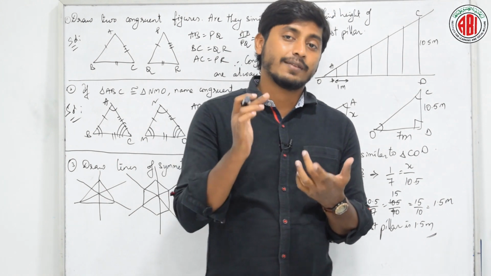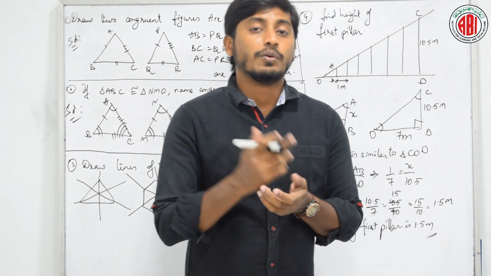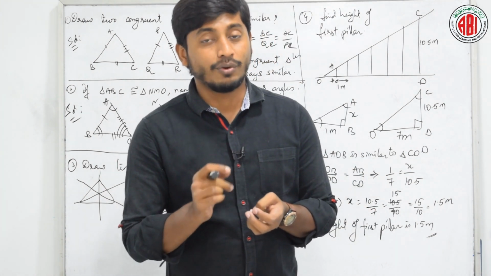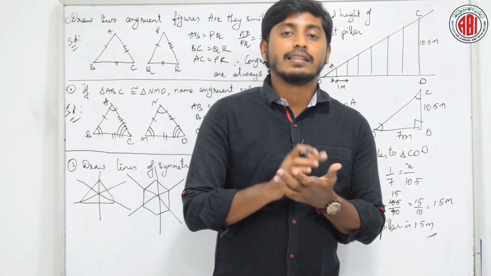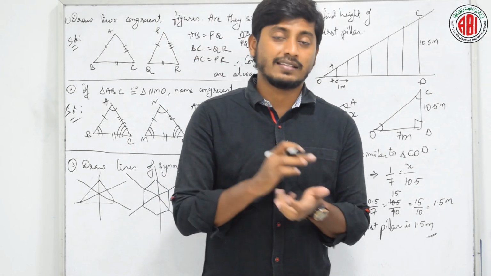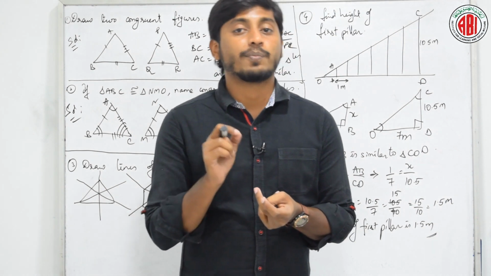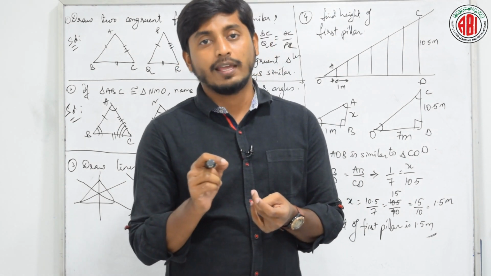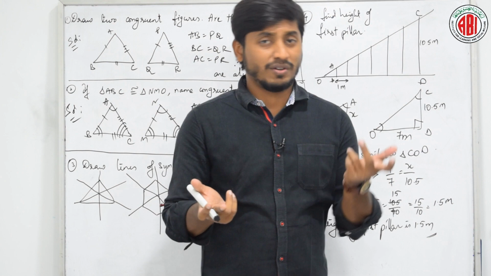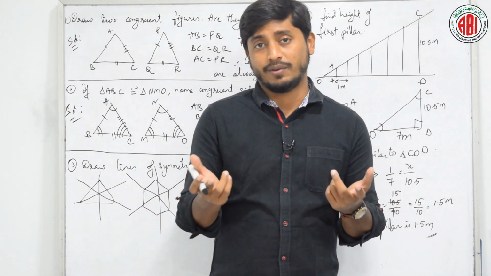What is similarity? Both triangles are similar only when their shape is the same and the sides are proportional. Obviously the angles will be equal, because when the shape is equal, angles will always be equal.